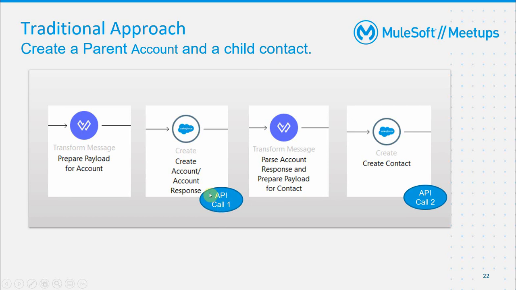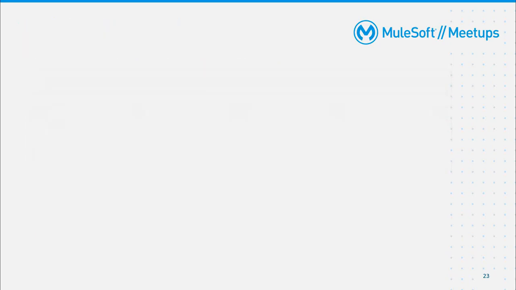To overcome this, Salesforce introduced composite resources in the Spring 2017 release, Spring 17, so that you do not have to go one by one sequentially to create parent-child relationships or subsequent requests that have dependencies.